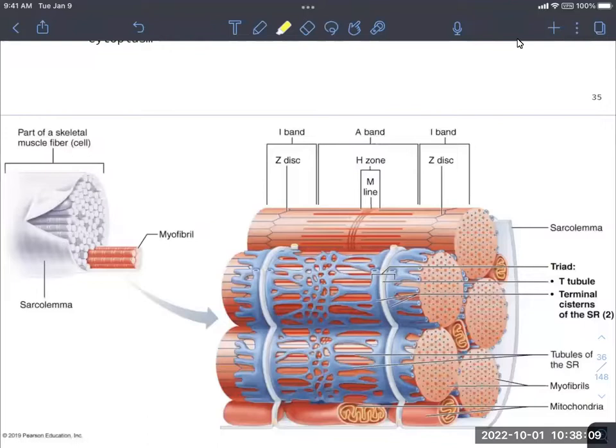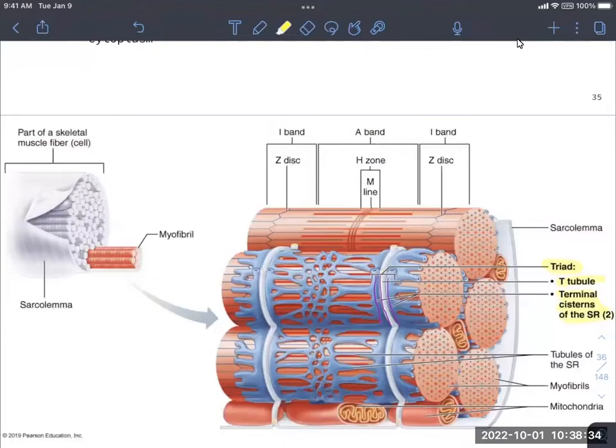You see the triad, which is made up of here, here, and here. The white is that T-tubule I told you about. The blue on either side of that white is the terminal cisterns of the sarcoplasmic reticulum.